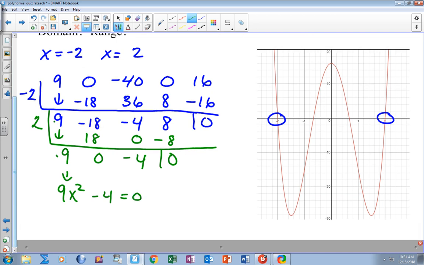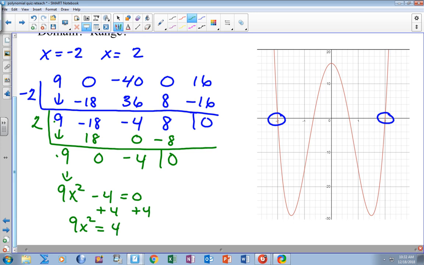So in order to solve this, we're just going to add 4 to both sides. So we have 9x squared equals 4. I'm running out of room. So we divide both sides by 9. We get x squared equals 4 over 9. Take the square root of both sides.